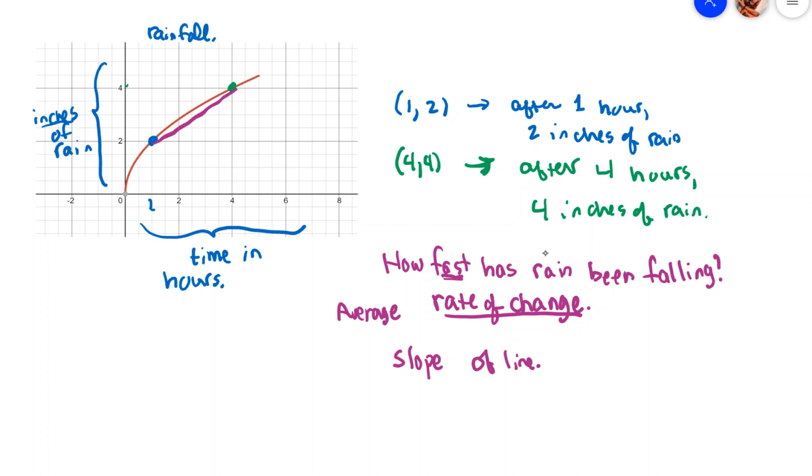Okay. Now, when we think about rate of change, if we talk about how fast the rain has been falling, we measure that in inches per hour, right? We don't measure it in terms of hours per inch. And so because we measure that in inches per hour, we want to put our change in inches. How many inches have we increased?